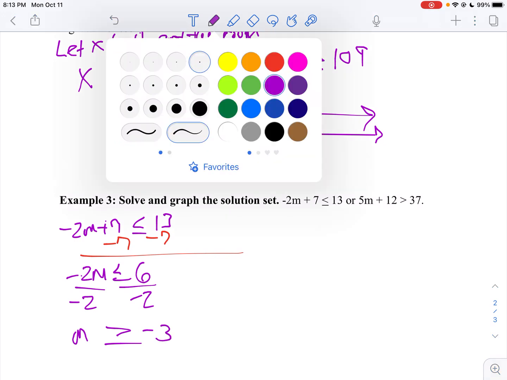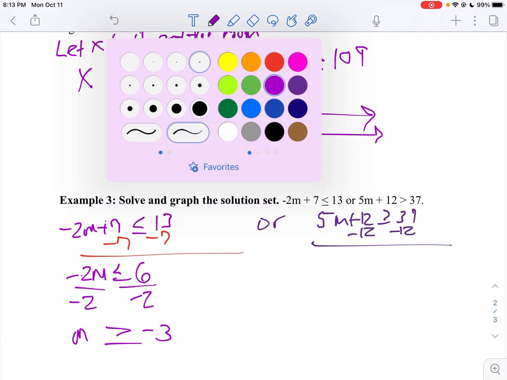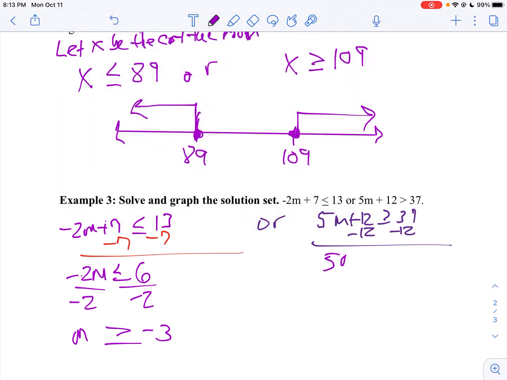Now I'm going to do my other inequality with the word or. It's just like we're doing two problems, but we're graphing them both in the same number line. So 5m plus 12 is greater than or equal to 37. So I'm going to subtract 12 from both sides. So 5m is greater than or equal to 25.